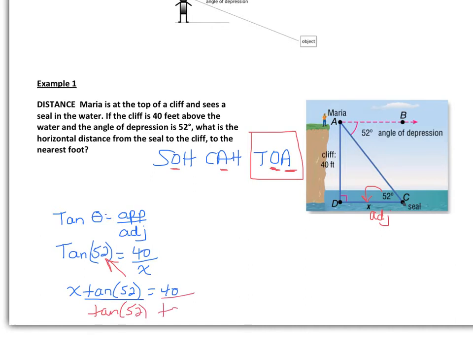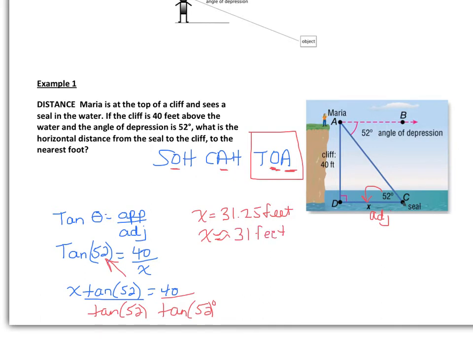So we have x equal to 40 over tangent of 52, and we can calculate this with our calculator. I get a distance here. They were looking for the nearest foot, so x equals 31.25 feet, which to the nearest foot is approximately 31 feet.